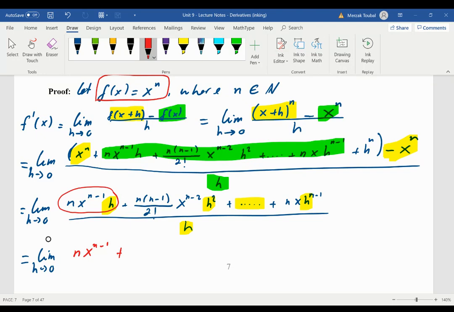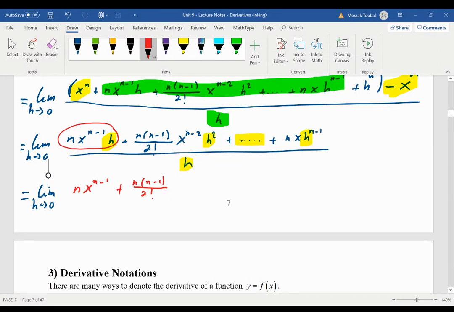Plus, divide the second term by h, it will be n times n minus 1 over 2 factorial times x to the n minus 2 times h, because h squared divided by h is simply h, plus many terms in between, nx times h to the power of n minus 1 divided by h, that's actually h to the n minus 2.